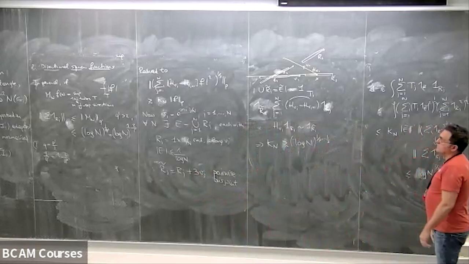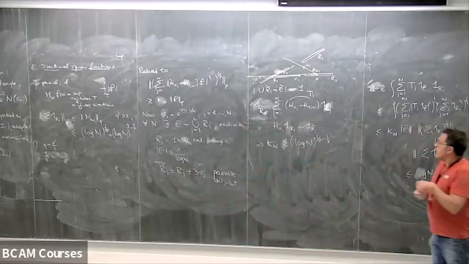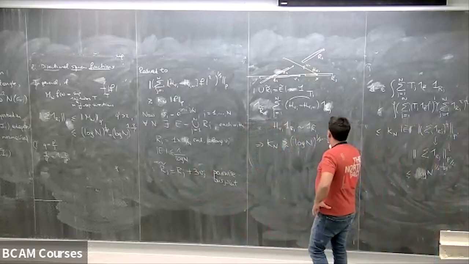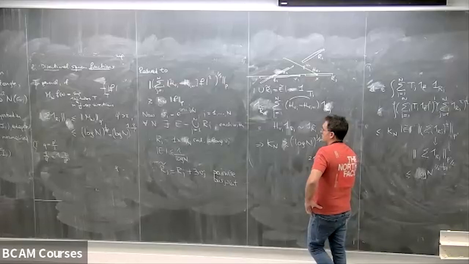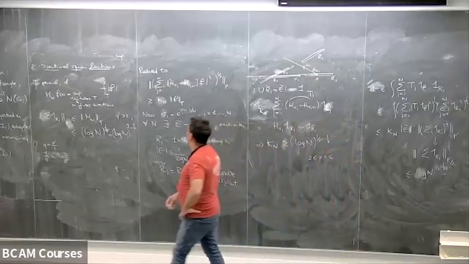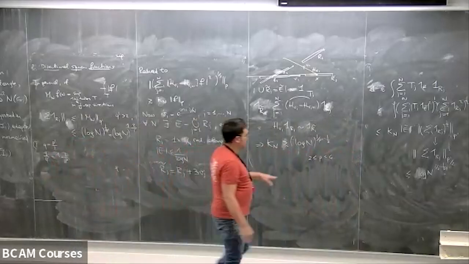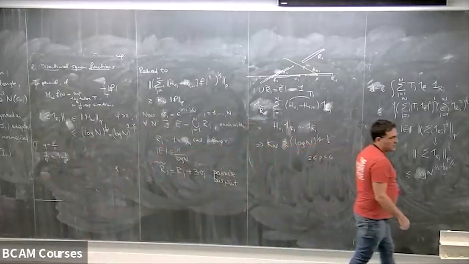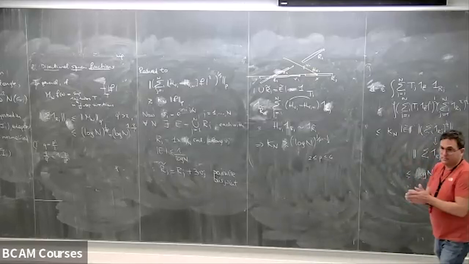Okay, so let me finish just with a quick remark. The counterexample is relevant for the range 2 to 4. And so one big question is, okay, can you prove sharp bounds at the endpoints P equals 2, of course, and P equals 4?